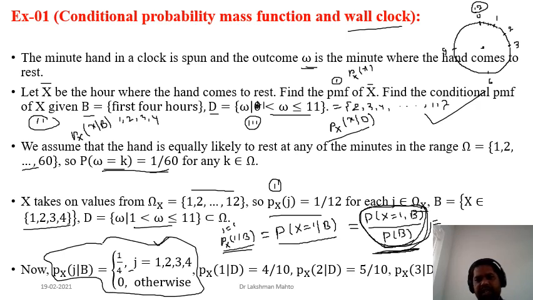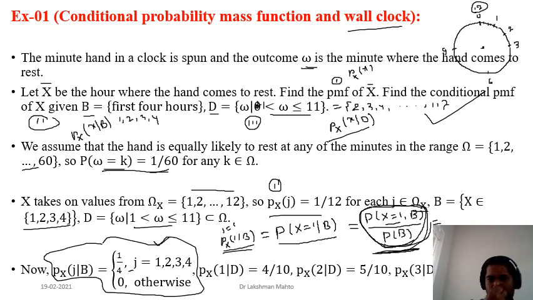Just B is given now. B contains 1, 2, 3, 4. In this given partial information, how many times is x equal to 1 happening within B?